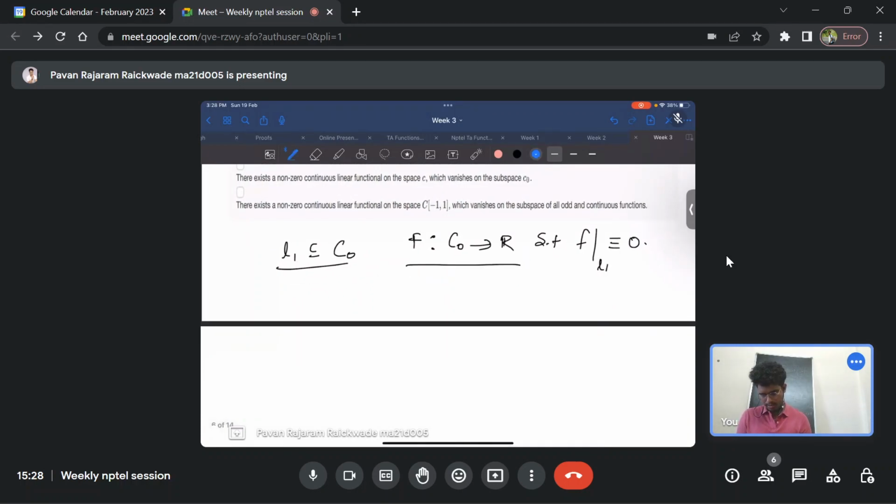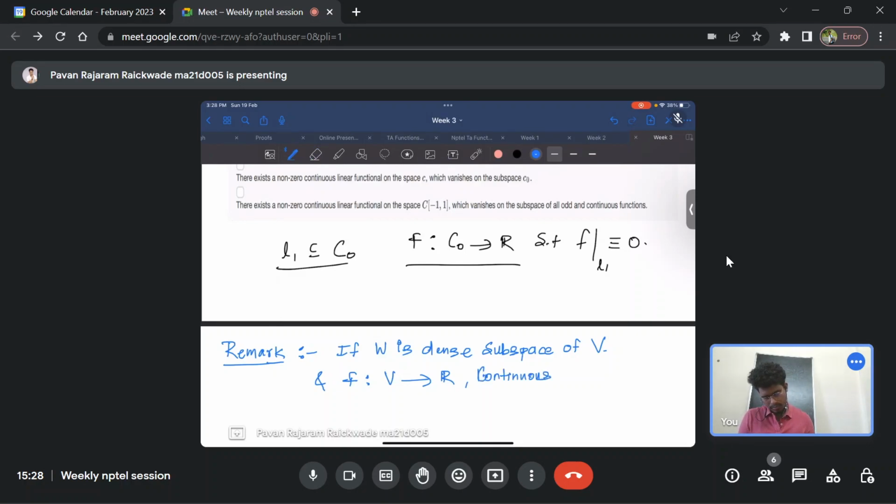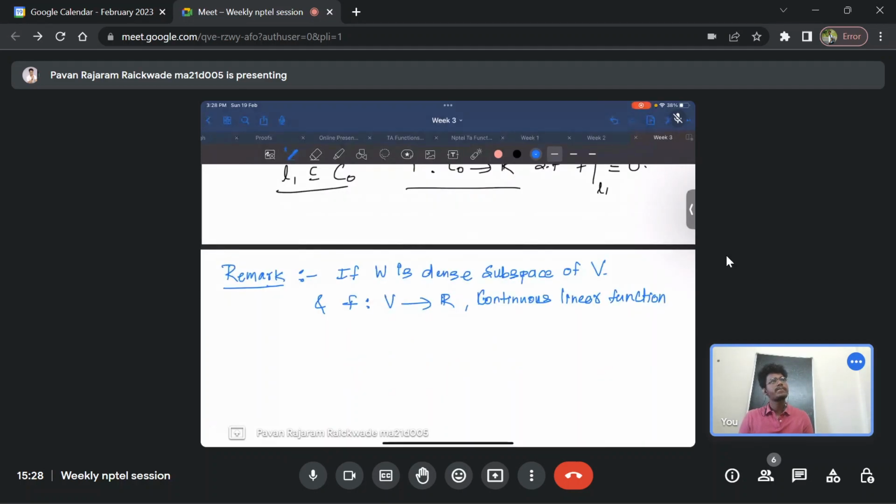Basically, there is one remark I should mention here. If W is a dense subspace of any vector space V, and F from V to R is continuous, you don't need even linearity.